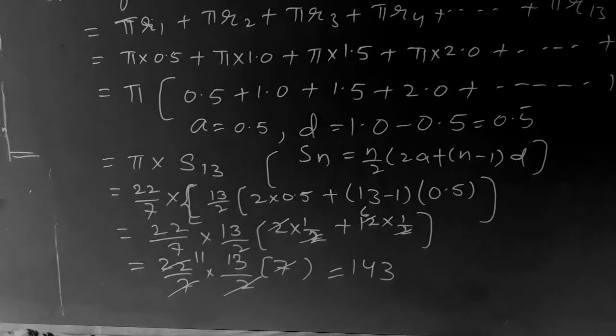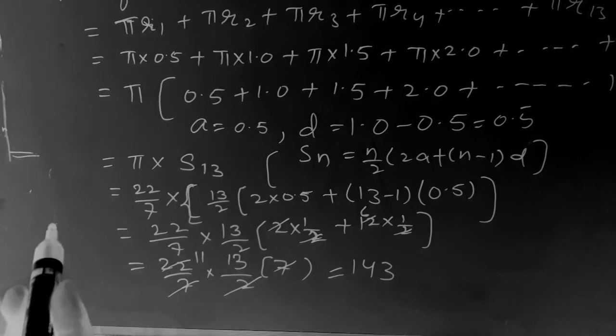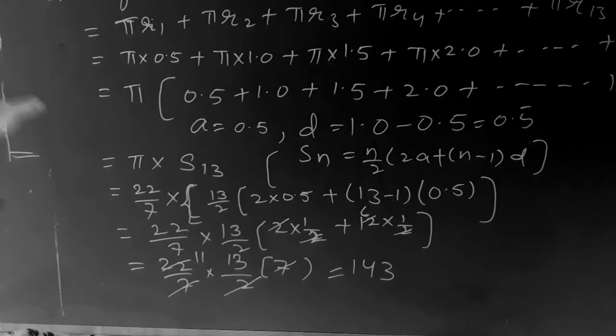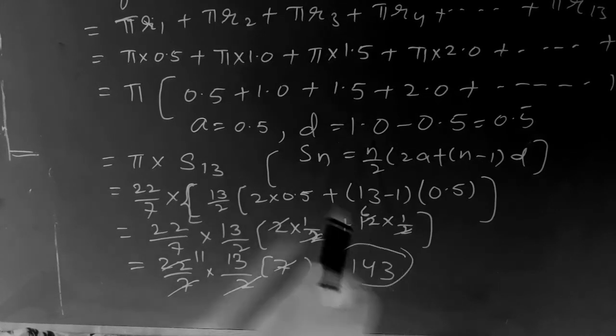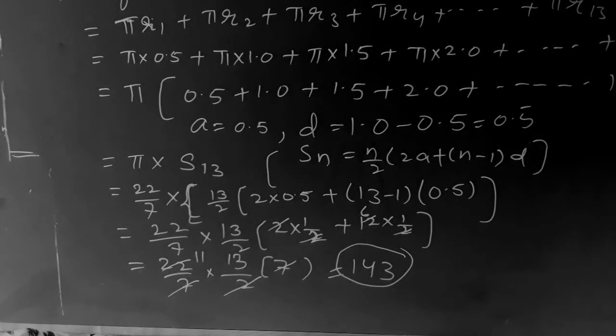The question asks for the length of such a spiral made up of 13 consecutive semicircles. Therefore the length is 143 centimeters.